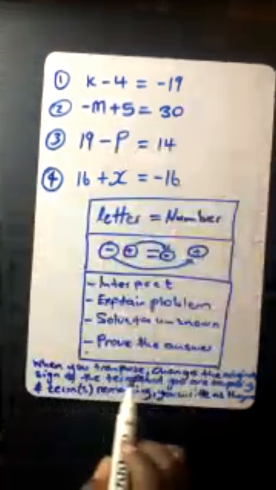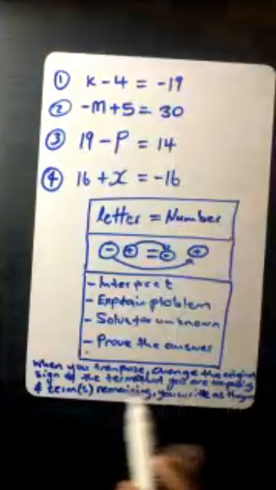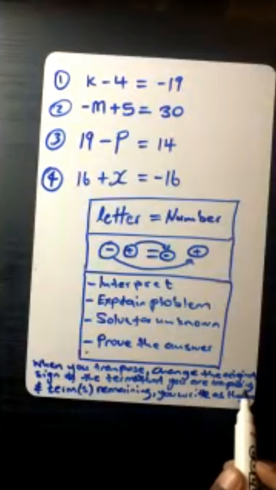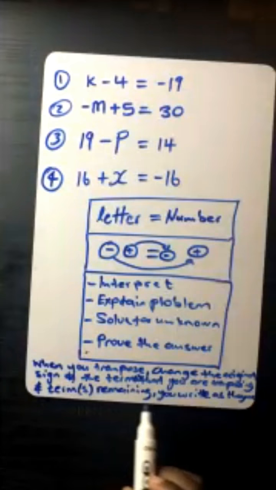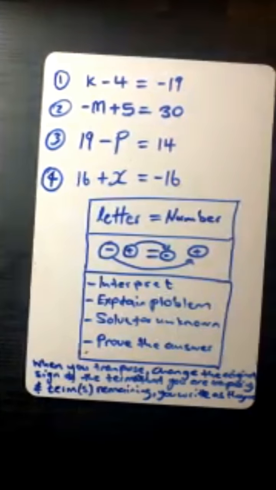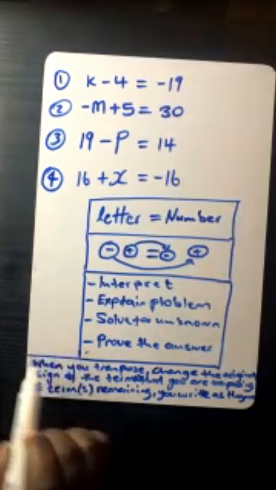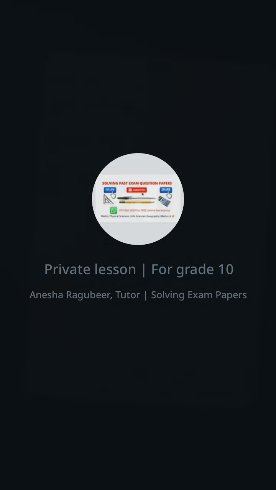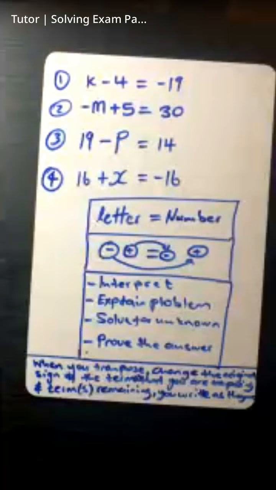So when you transpose, change the original sign of the term or terms that you are transposing, and terms remaining you write as they are. Did you now write a full sentence? So I'm writing the last parts now. Okay, so that means this should also form part of your notes and part of your explanation when you go through all of this before you start solving.